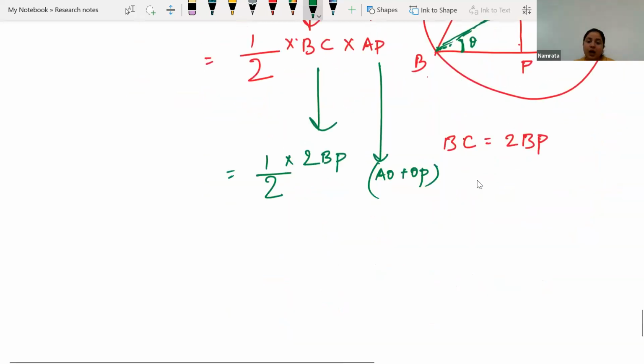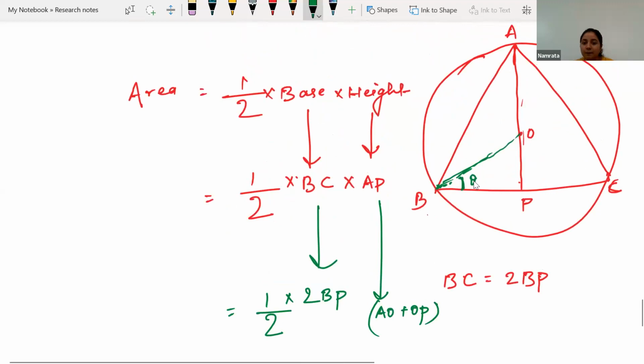Now after this, what can be done over here? This BP we are having and this one we have assumed as theta. We can say this is R. This is just the radius of the circle. Now I want to use this radius and theta and BP. In this triangle OBP, theta is there, the radius is there.